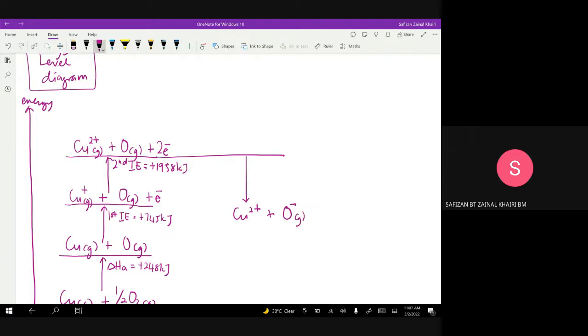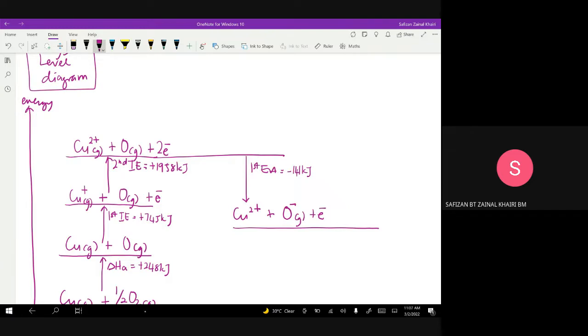Elektron tadi tu dah tinggal 1 elektron lah sebab lagi satu tu dah combine dengan oksigen atom. Okay, kenapa arrow dia ke bawah? Ini adalah first electron affinity of oxygen. Kalau kamu tengok nilai dia adalah negatif 141 kilojoule.